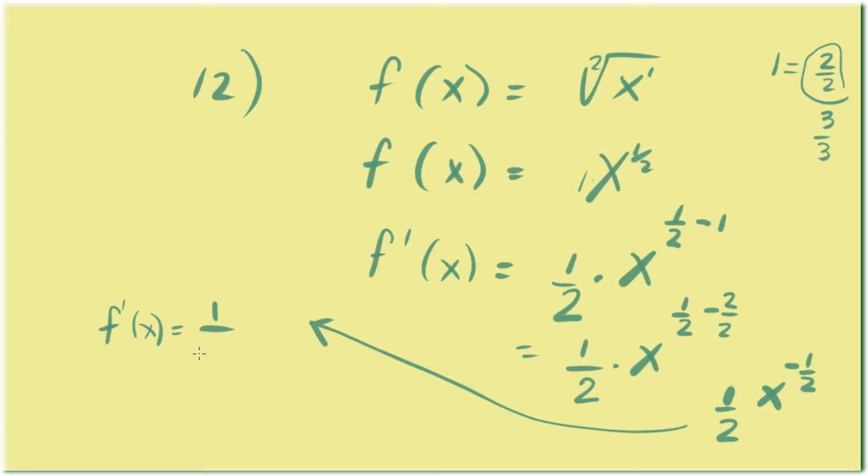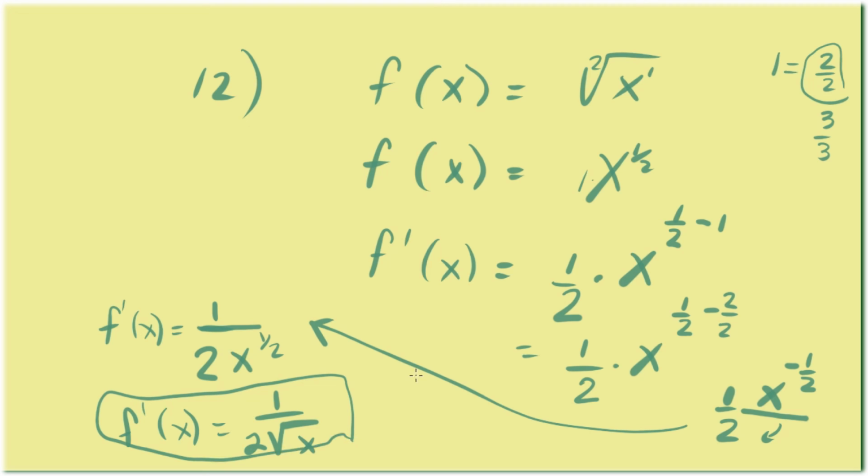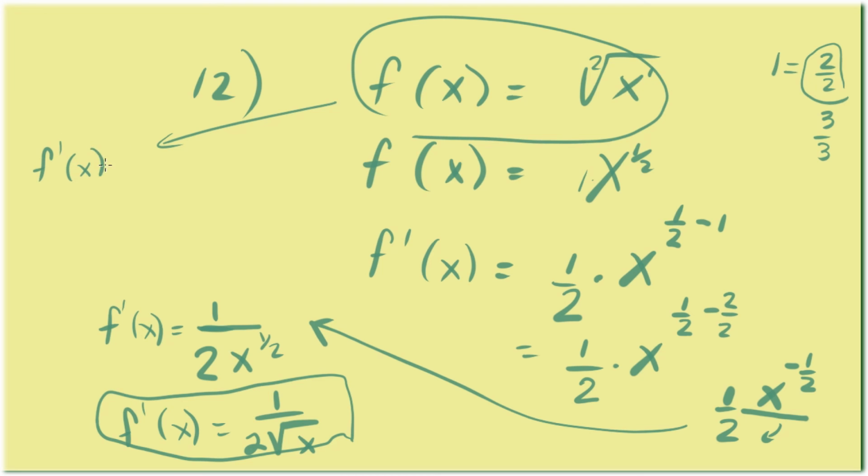If I move this x to the negative 1/2 downstairs, that negative 1/2 is going to turn into positive. So now we have 1 over 2, and you can write this x to the 1/2 back in its radical form. As you can see, this is a very tedious process of finding the derivative of square root of x. But again, whenever you see that, just memorize it: the derivative of square root of x is 1 over 2 square root of x.